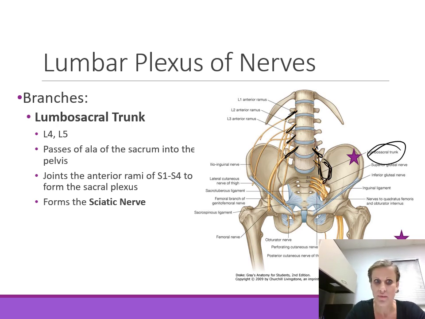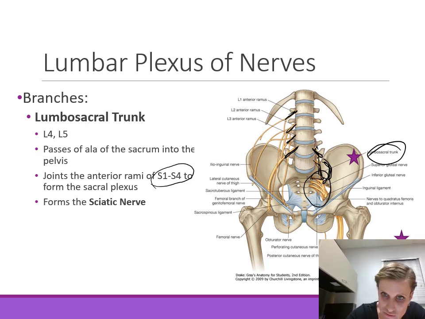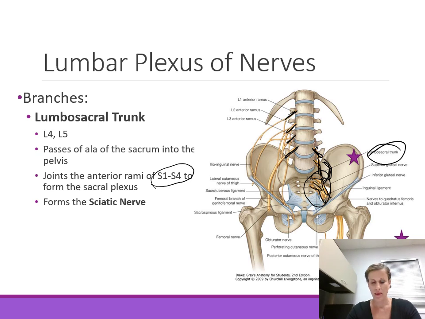The lumbosacral trunk passes the ala of the sacrum, which again is like this big wing of the sacrum, and then once down in the true pelvis, it joins the anterior rami of S1 through S4, and you can see that happening right down here. These are the sacral nerves, and the lumbosacral trunk comes and joins them, and then we have the sacral plexus.